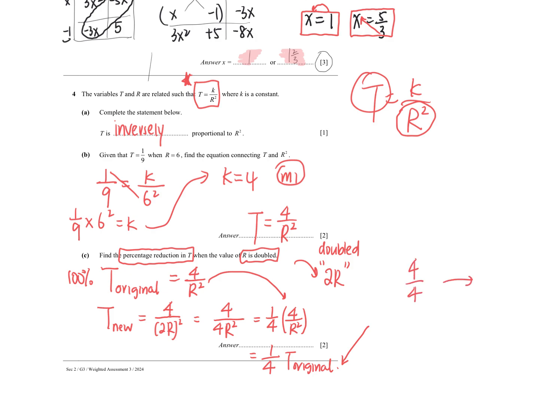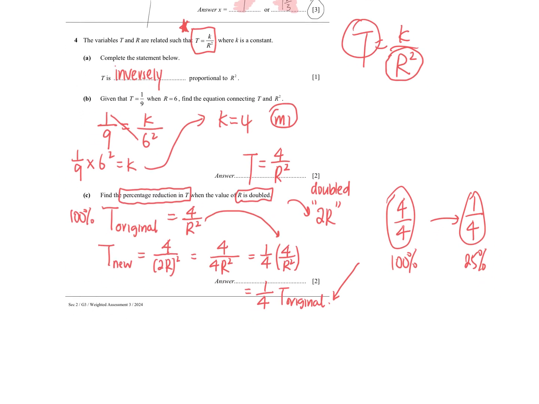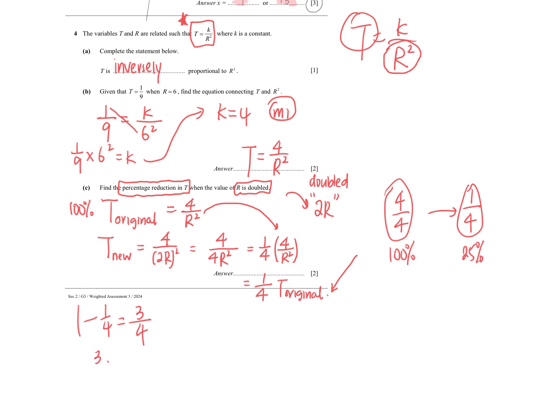Now I'm left with 1/4. So this is my 100%. I'm left with 25%. So what is the percentage reduction? 75. So what you can do is you can tell me there is a 3/4. Okay, and then you times 100%. Even if you never show me this one, you tell me 75% from the 1/4, I will give you full credit.